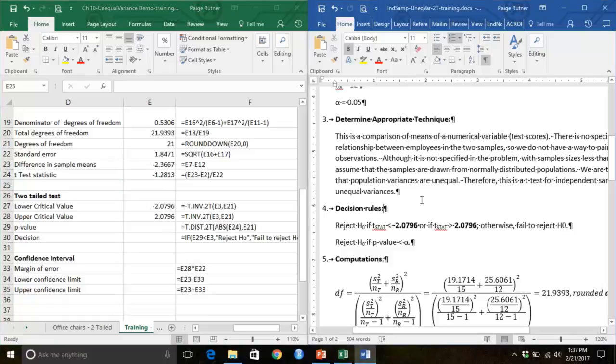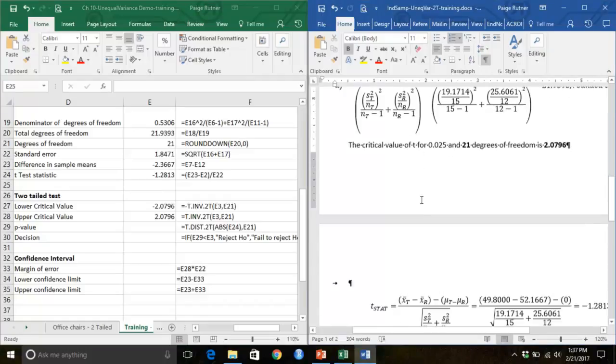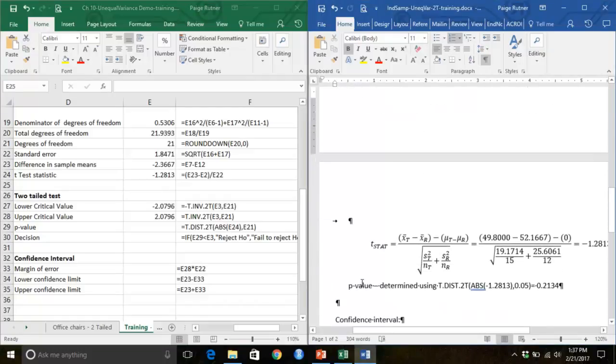All right. So coming back down to my computations, recall that a p-value is the probability of getting a test statistic based on sample data at least as extreme as what we got if the null hypothesis is true. And so because we're doing a two-tailed test here, we need to consider that our test results could be more extreme in either the positive or the negative direction.